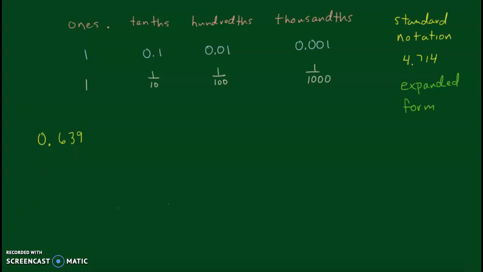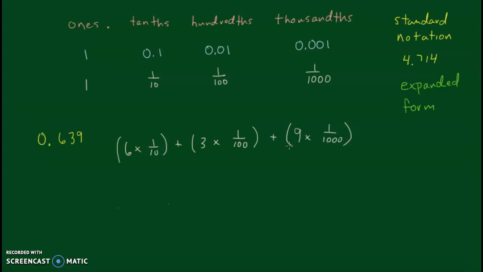So again, I'm only going to do one example for this, and the one that I'm going to choose is the fraction one. So we'll start with 6 times 1 tenth, because 6 is in the tenths place, and 6 times 1 tenth is 6 tenths. Then we're going to add to that 3 times 1 hundredth plus 9 times 1 thousandth.